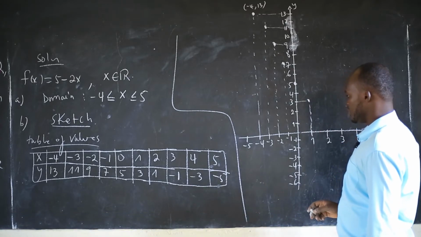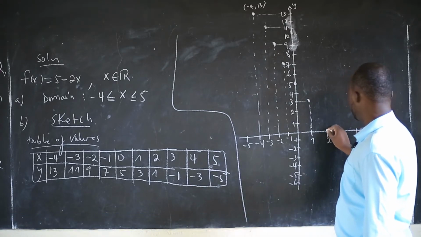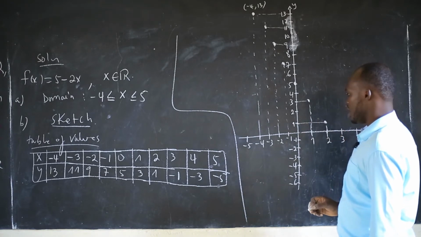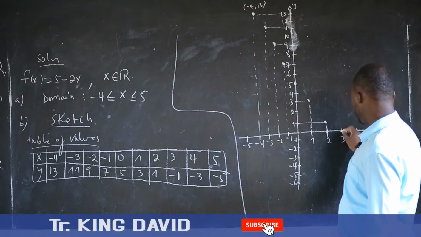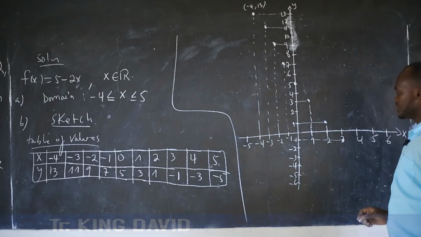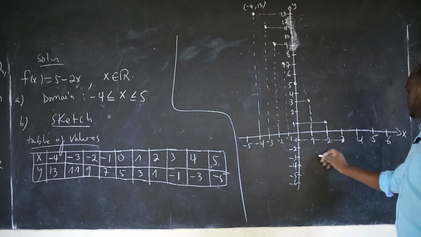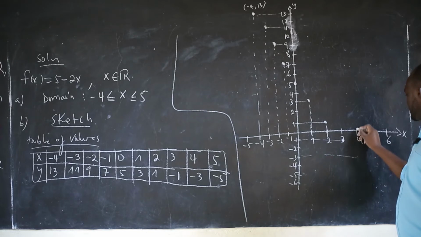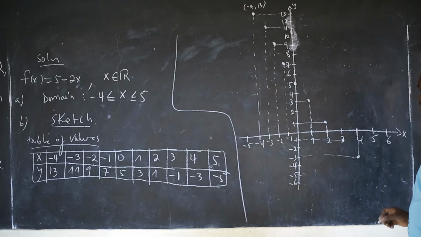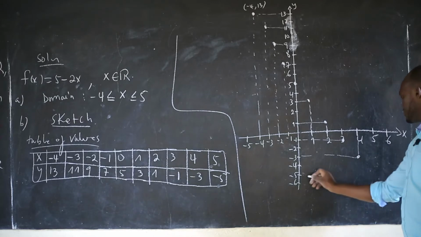I have 2, 1. I have 3, negative 1. I have 4, negative 3. I have 5, negative 5.